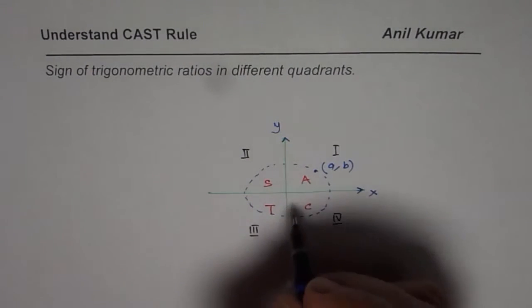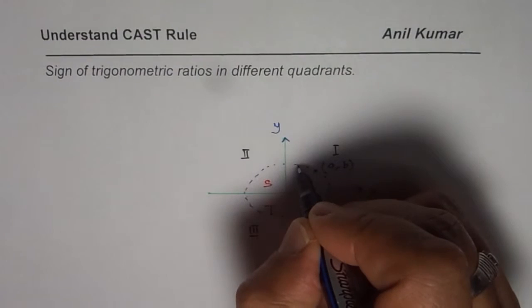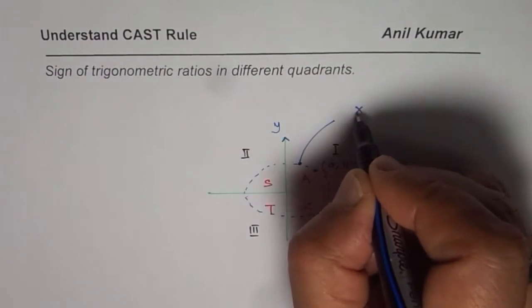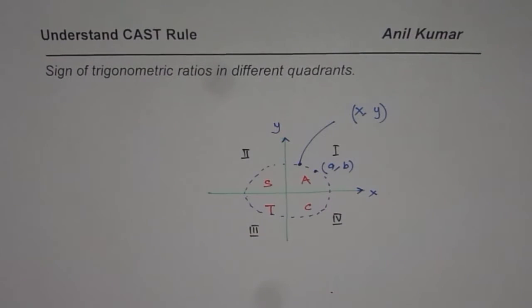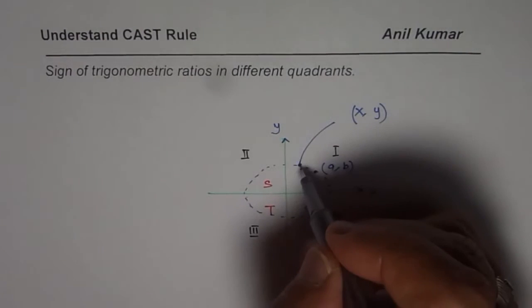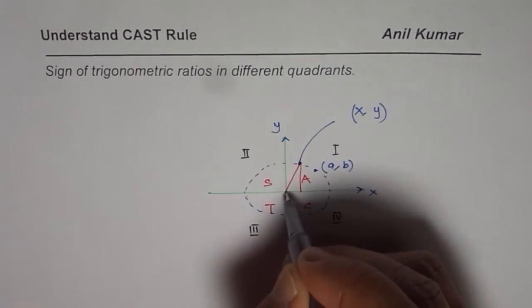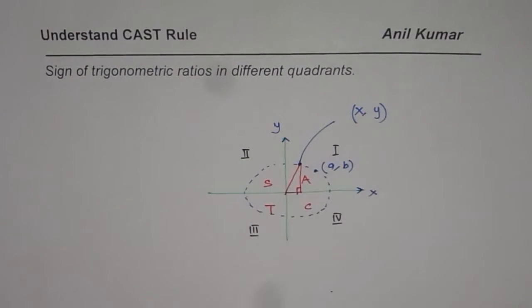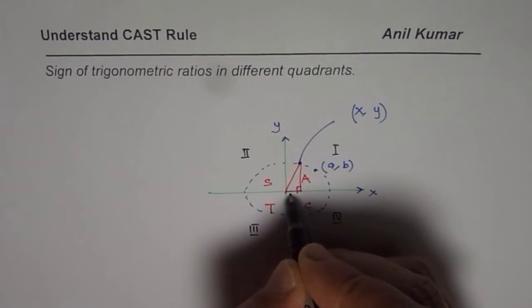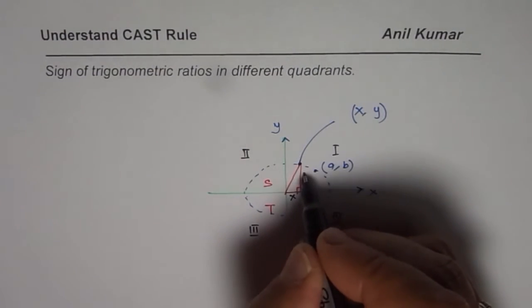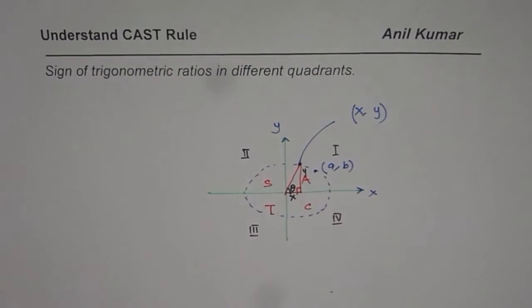In general, let me write any point on the circle as (x, y). If I drop a perpendicular from here and join it with the center, I get a right triangle. In this right triangle, along the x-axis we have the x value, along the y-axis we have the y value, and the angle we are talking about is the principal angle theta.